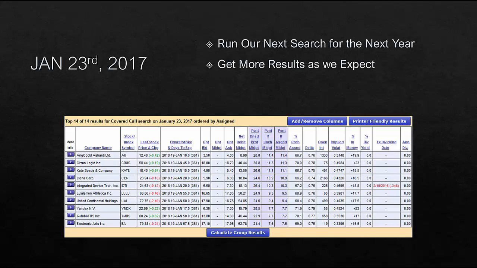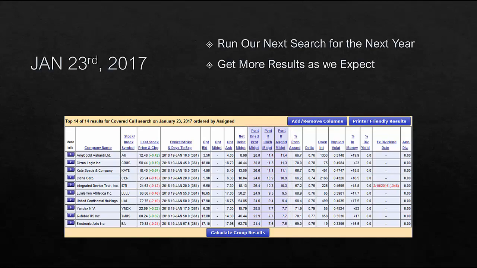We see examples such as AU, CRUS, Kate, Lulu, Yandex, and more. We see some double-digit returns, 11.4%, 11.3%. We see the downside protections that we wanted, 22%, 26%, 30% even, and more.